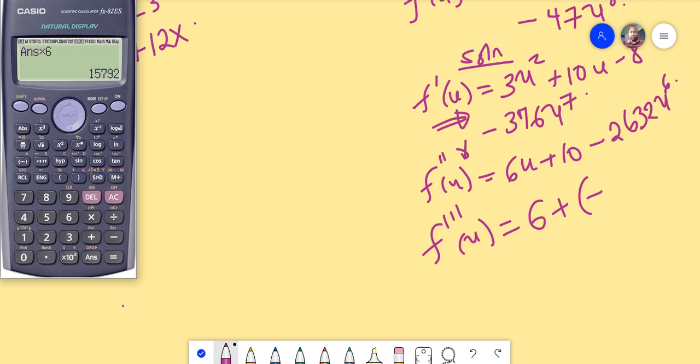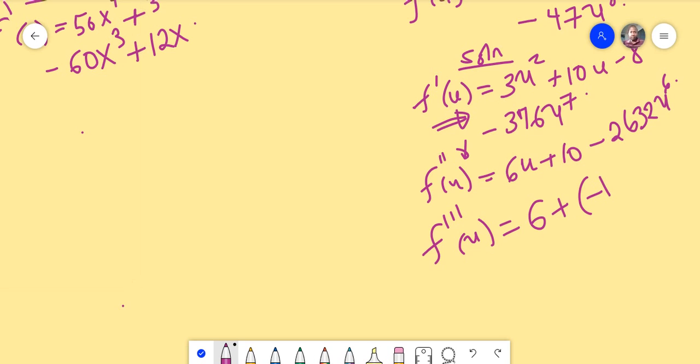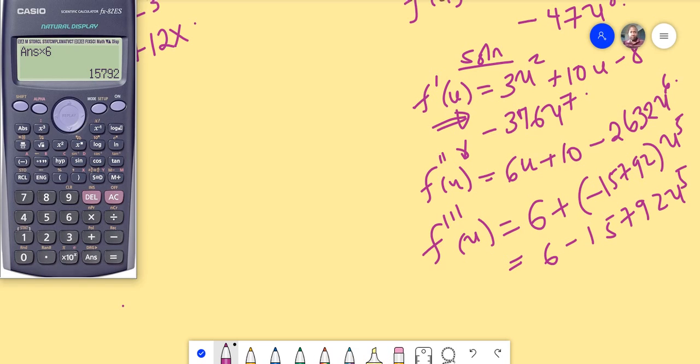So we're going to get 15,792, so 15,792u raised to power 5. So the solution here will be 6 minus 15,792u raised to power 5. Okay.